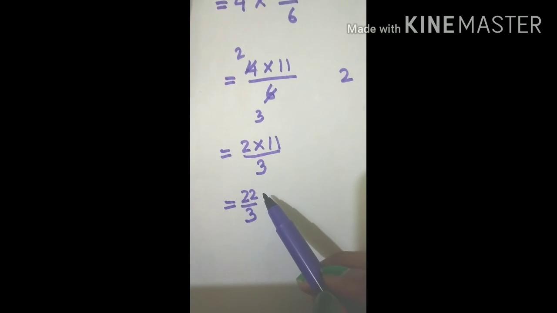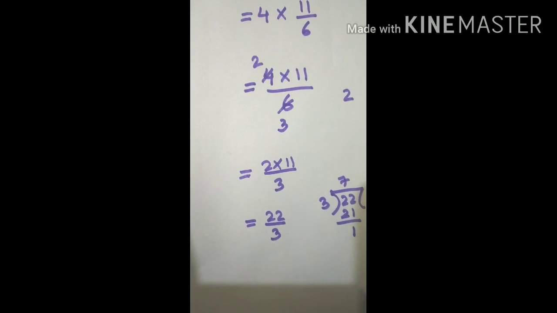Students, if you observe the numerator and the denominator, you can say that the numerator is greater than the denominator. That means it is an improper fraction. So we have to convert this improper fraction into a mixed number. And in order to convert this improper fraction into a mixed number, we have to divide 22 by 3.